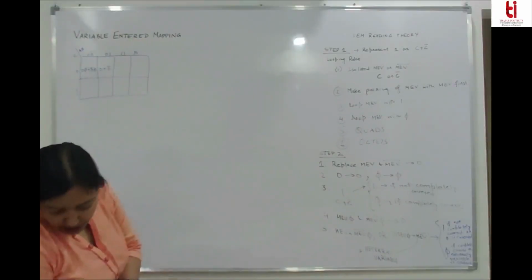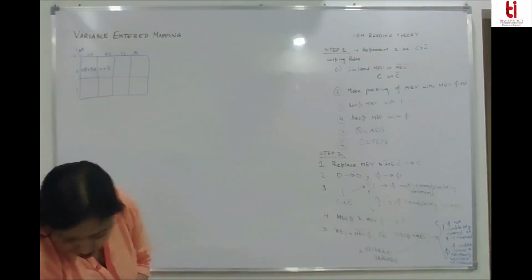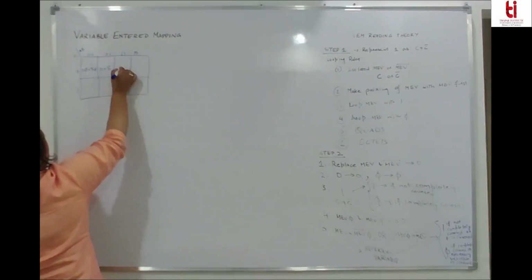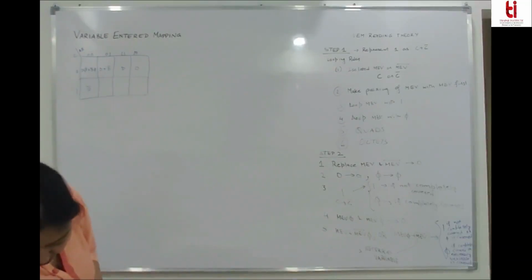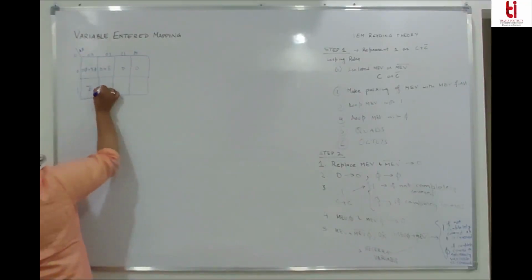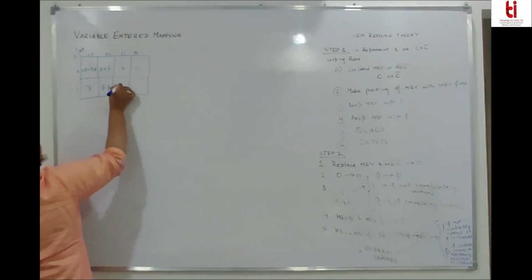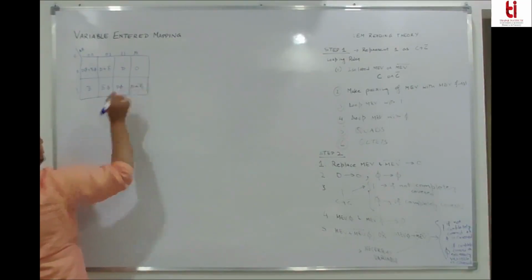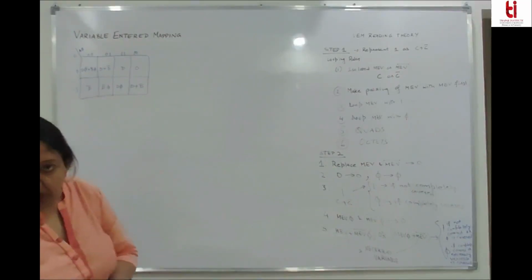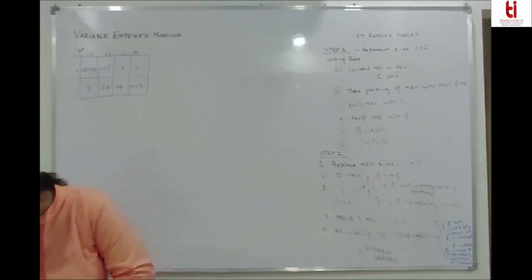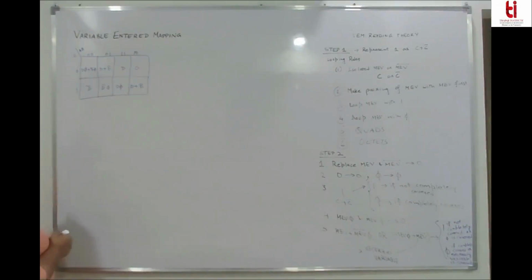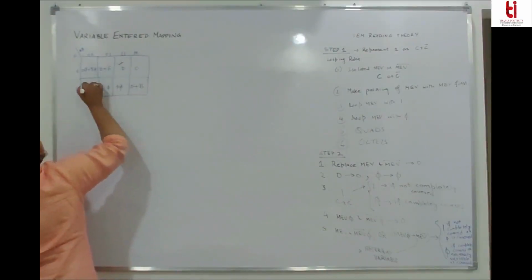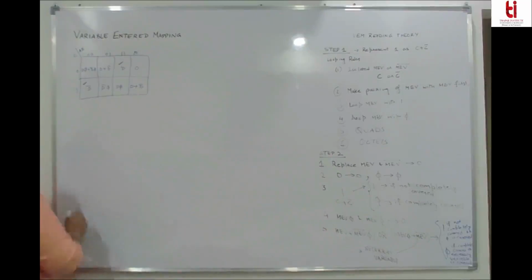They have already plotted it. D plus D bar. So we have to follow step 1. So what are the map entered variables? This is a map entered variable. Mark the map entered variables. This is step 1.